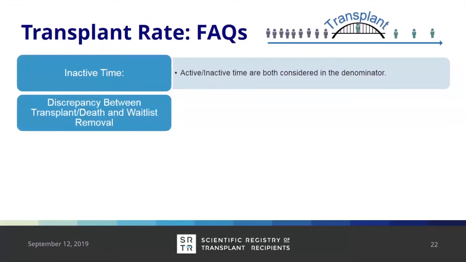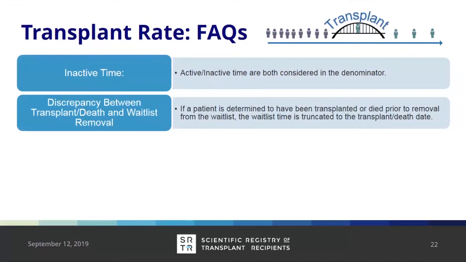The second question we receive a lot is, what happens if there's a discrepancy between the transplant or death date and the waitlist removal? This can happen if patients aren't removed on the day they received the transplant, might be a day later. Essentially, if we determine through other reporting sources in the OPTN or other sources that a patient has died or been transplanted prior to the day they were actually removed from the wait list, we truncate that wait list time to that actual transplant or death date.